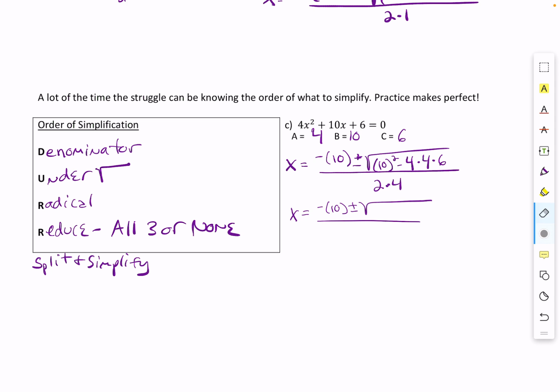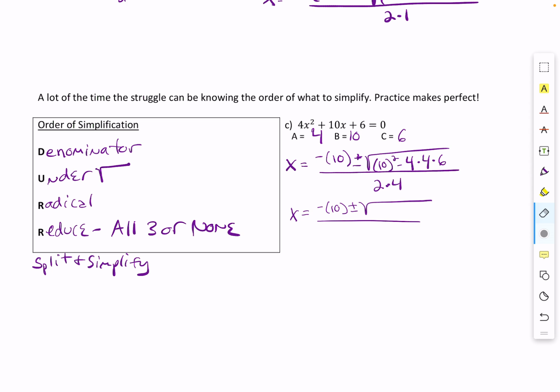See how I took exactly what was under the radical, right? I'm just trying to get you to see I took exactly what was under the radical.